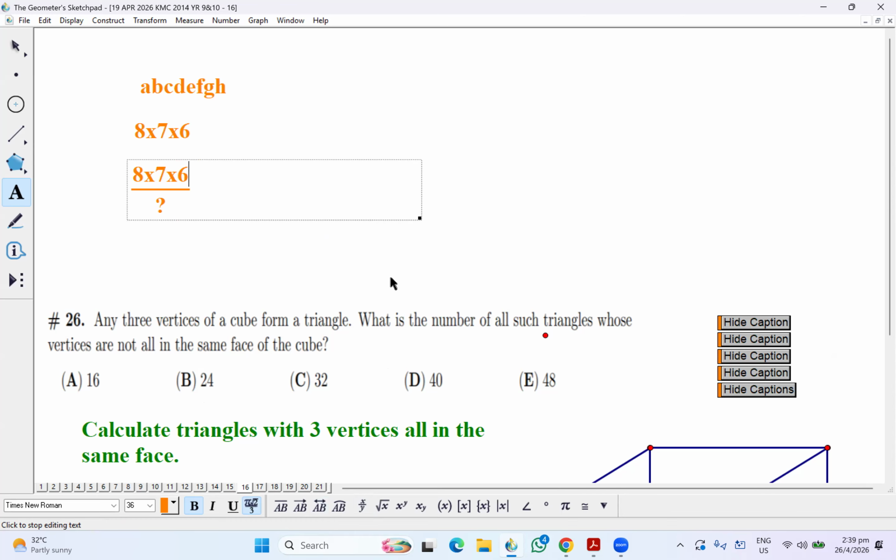You say ABC is the same as ACB, same as BCA, so all 6 arrangements, 3 times 2 times 1. So with no arrangement, we say this one is 8 choose 3.